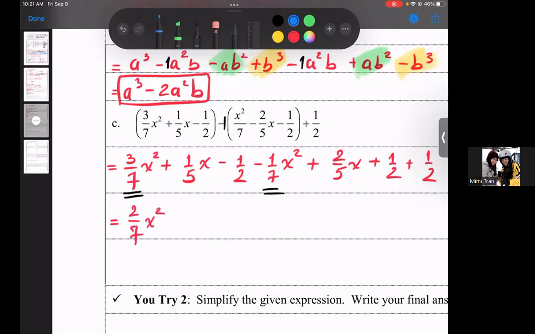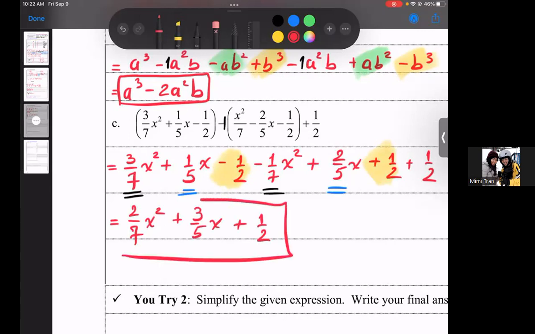And then the x term, I see this and this. 3/5, very good. Plus 3/5. And then last but not least, I think we can cancel some stuff. Can we? Yeah, that and that. So just plus 1/2. You're done. You try.